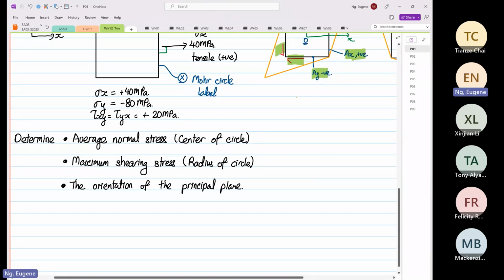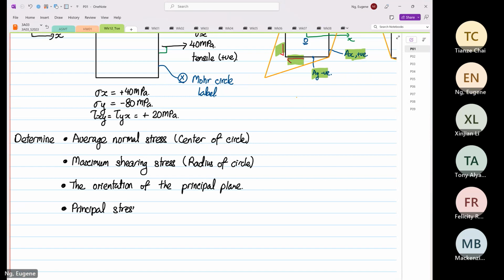And then we are going to also define the principal stresses. So just to get ahead, principal stresses is where shear stress is equal to 0. Okay, there's no shear stress component, it's just the normal stress.